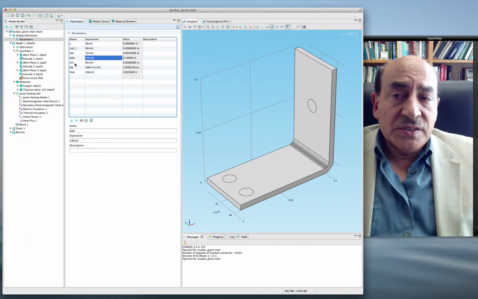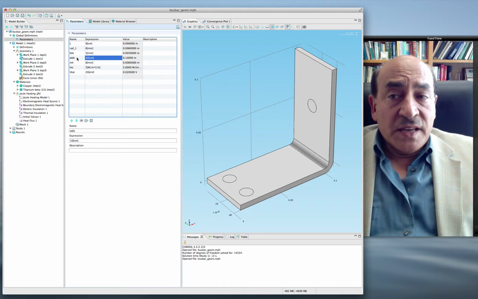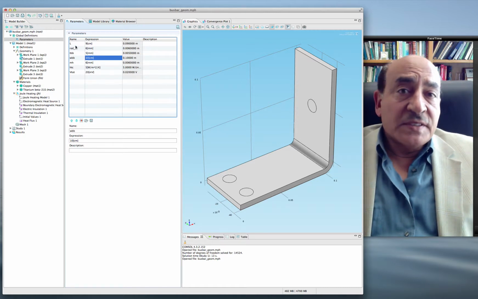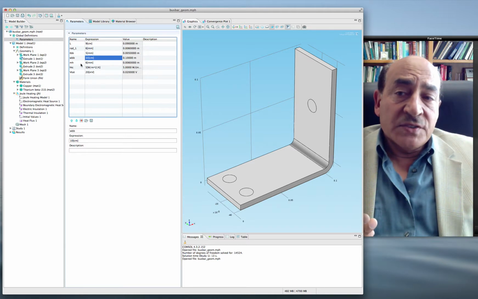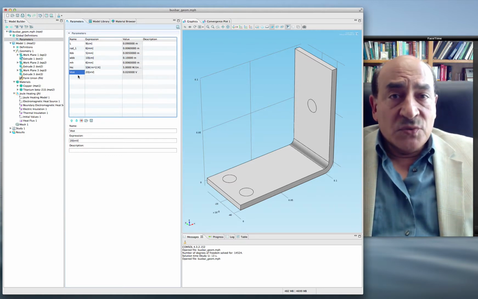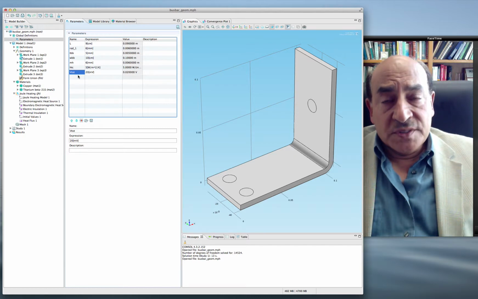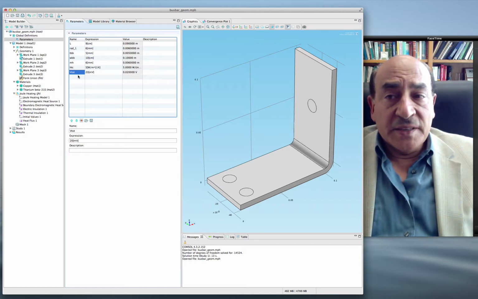There are geometry parameters L, radius 1, TBB, WBB, and MH is the size of the mesh, as we will learn in the next tutorial. We can control the mesh size, given as 6 millimeter here. All of these are geometry parameters that control what the geometry is. Then we're going to add 2 physics parameters. One is the heat transfer coefficient, given here as 5, and the other is the voltage applied to one of the bolts, given here as 20.